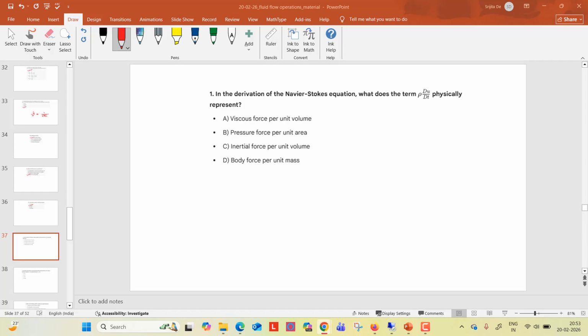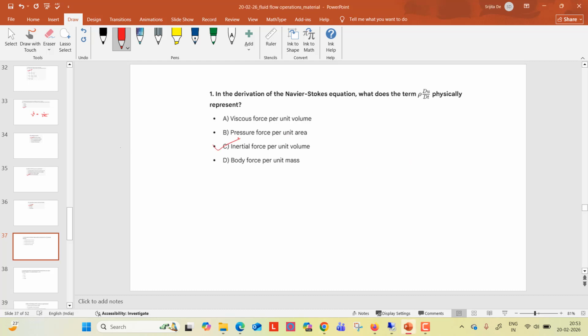It is the inertial portion. We have just seen the left hand side of this Navier-Stokes equation is the inertial force per unit volume. So this is C.